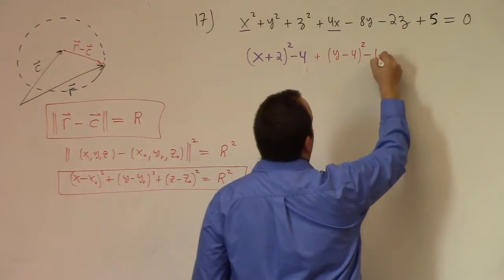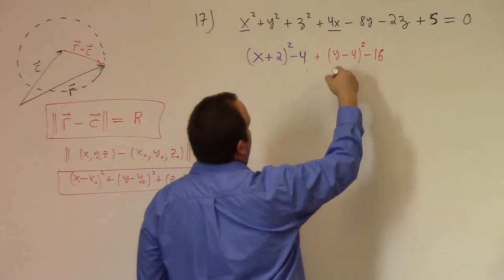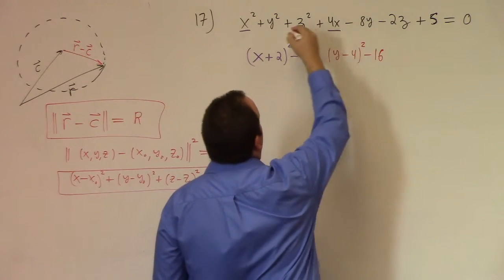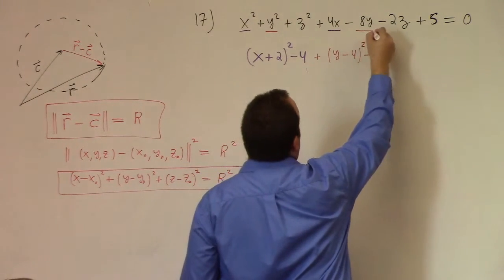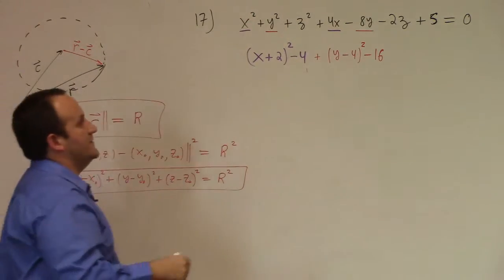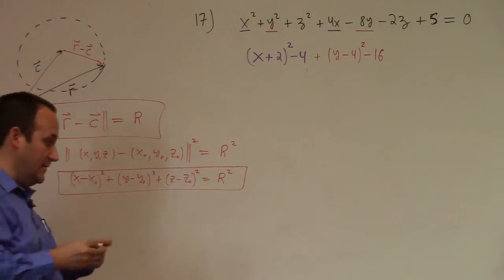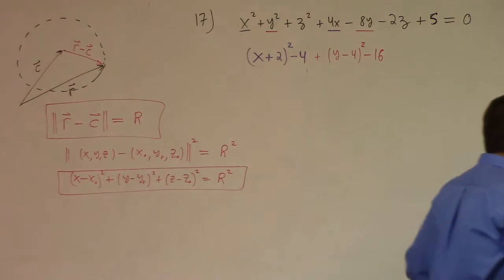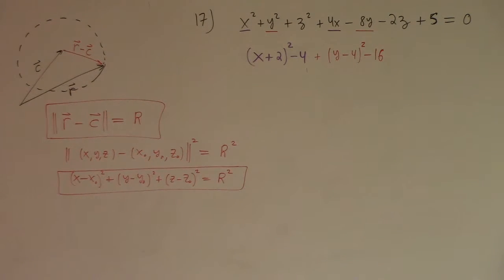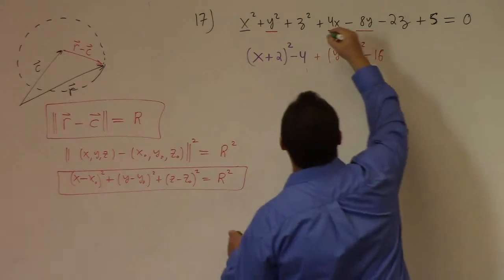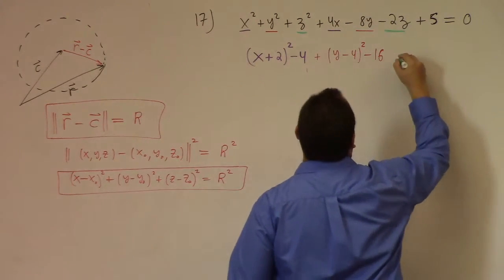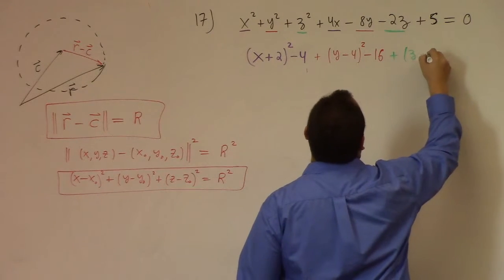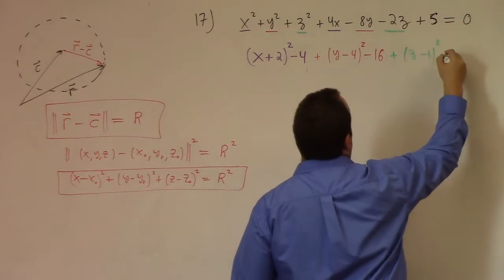So minus 16. The thing I underlined in red is exactly equal to the terms I'm underlining in red up here. The thing I wrote in purple is equal to the thing I underlined in purple in the upper line. The thing I'm about to underline in green, this guy, gives me plus (z minus 1) quantity squared, but I added 1, so I have to subtract 1.